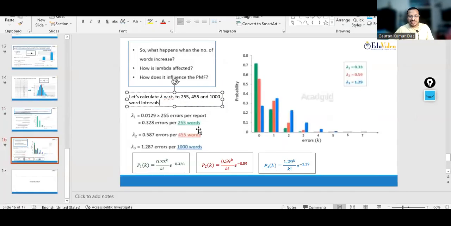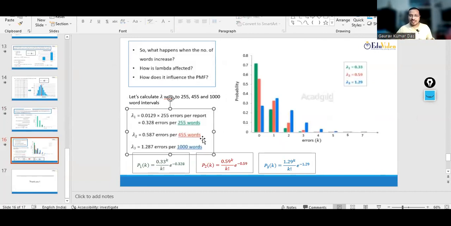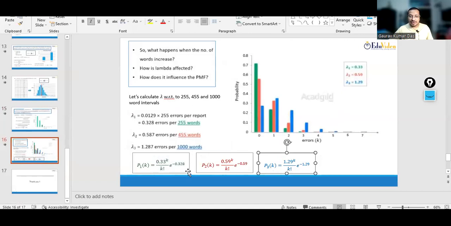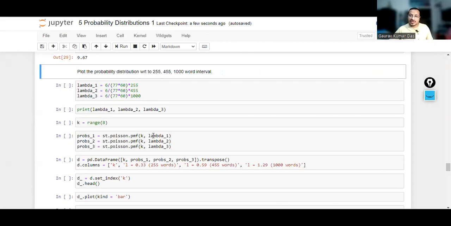It would have been a very humongous calculation, because for each of these lambda values I would have to calculate the corresponding probabilities for each of these events, 0 to whatever it is, and then do a grouped bar plot. So instead of doing this, these are the 3 probability distributions, and here I can do it very quickly.